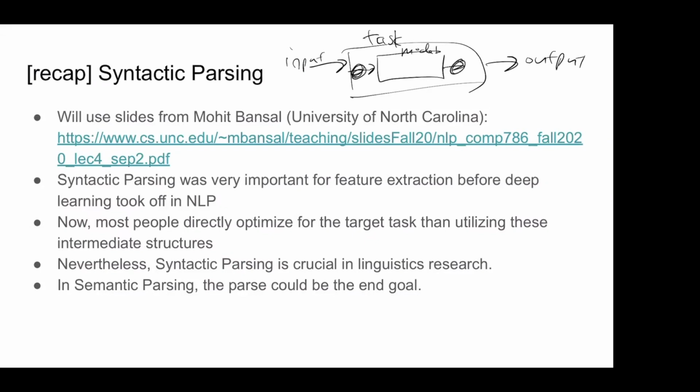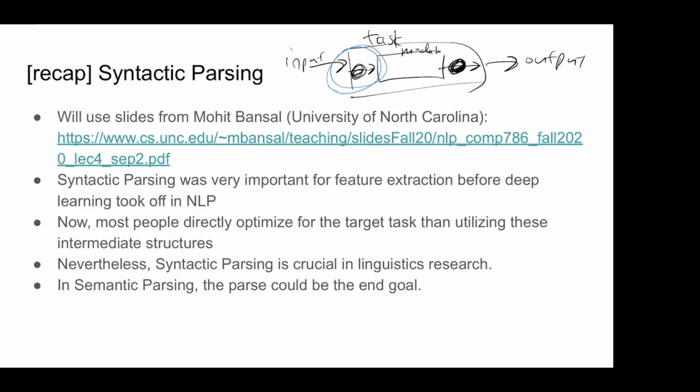There is something happening here and here, basically. Syntactic parsing was very useful in early days when these models were not good enough, so you had to have a lot of pre-processing and feature preparation before the model gets applied. Syntactic parsing played a role here a lot. You use an off-the-shelf syntactic parser to enumerate these features, and then use that with the original input into the model so that you can get some output.